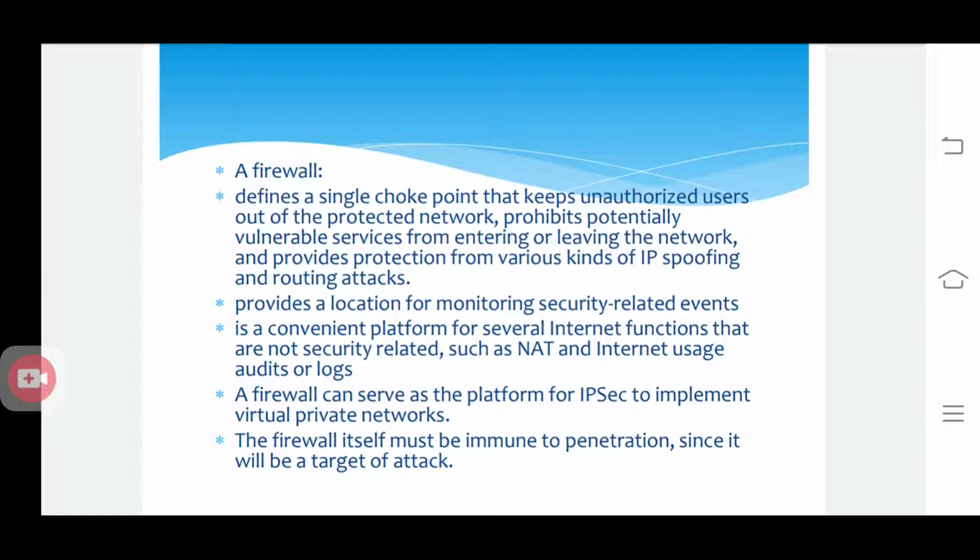It also provides protection from various kinds of IP spoofing and routing attacks. So it's a security mechanism. It provides protection from IP spoofing and routing attacks, acts as a single choke point, keeps unauthorized users out of the protected network, and prohibits entering or leaving the network.